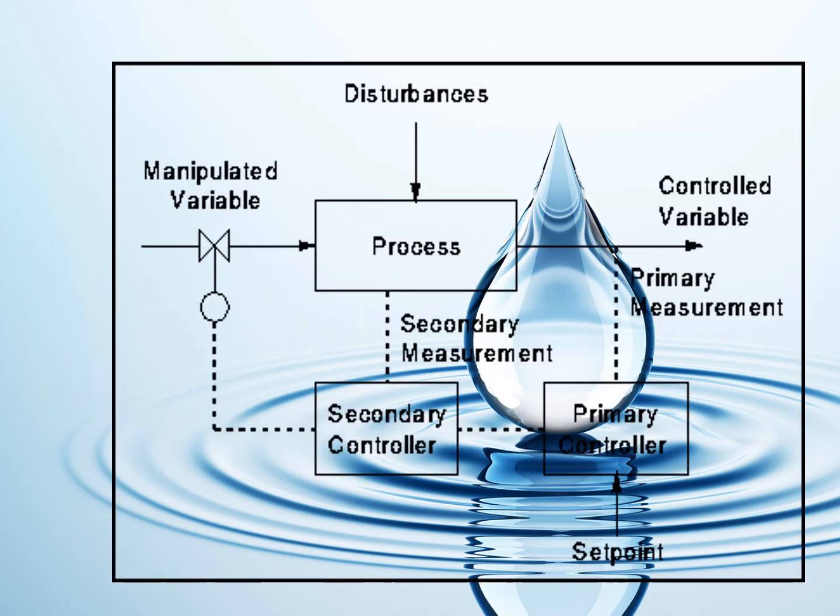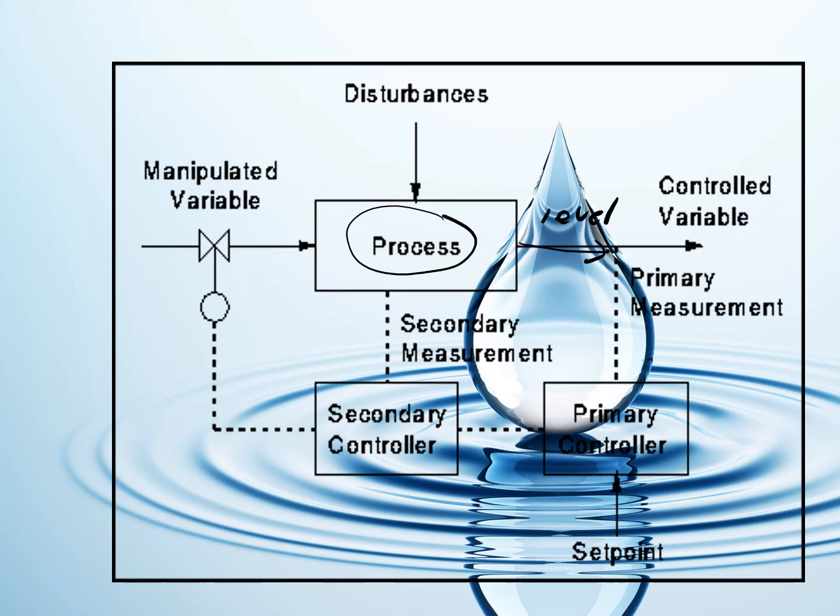Here we can see the block diagram for the cascade control. Here we can see our process. The control variable is here, for example level.